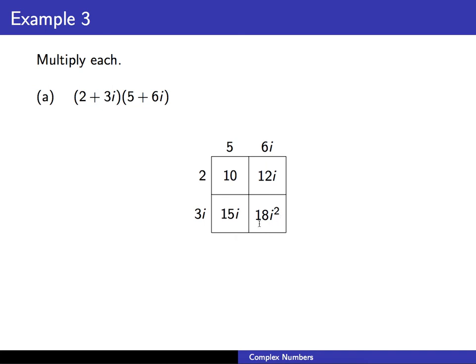So what's actually in this cell is 18 times negative 1, which we can erase and just write negative 18. Now, if we look along the diagonals, we have like terms, another advantage to using this. 10 minus 18 is negative 8. 15i plus 12i is 27i. So our answer for example 3a is negative 8 plus 27i.